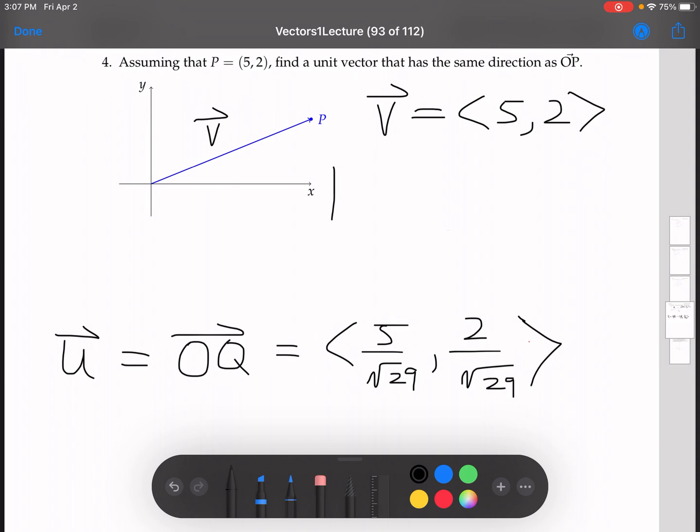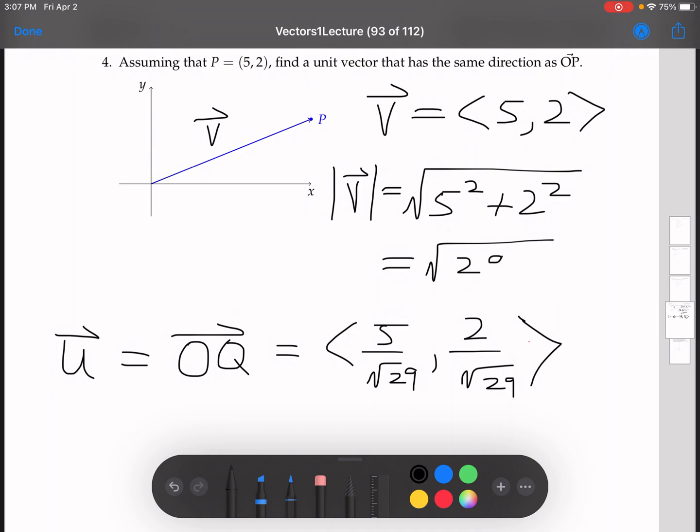The magnitude of V is the square root of 5 squared plus 2 squared, which equals root 29.